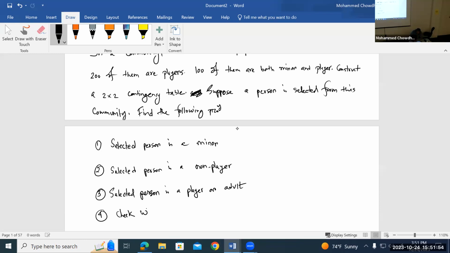Check whether player and minor are independent or not.